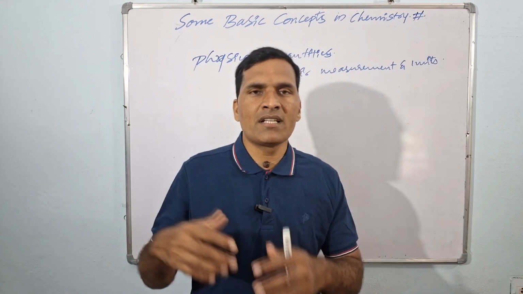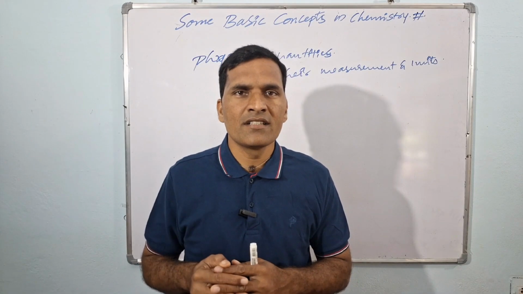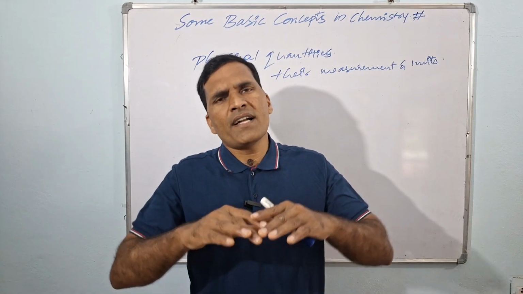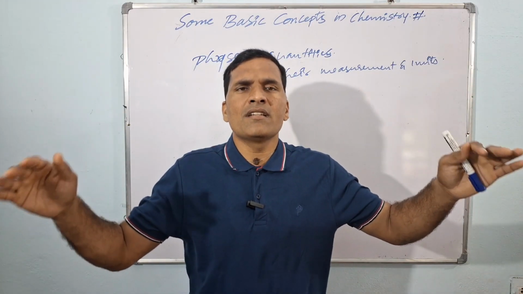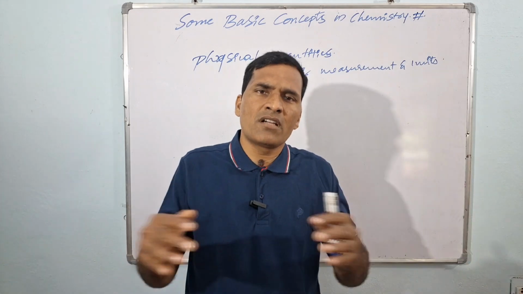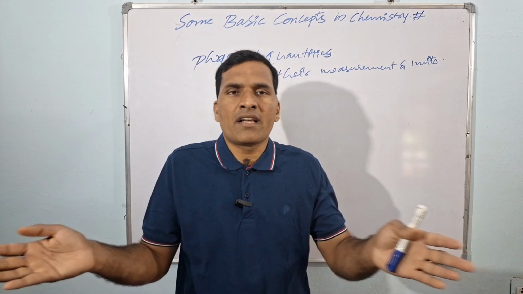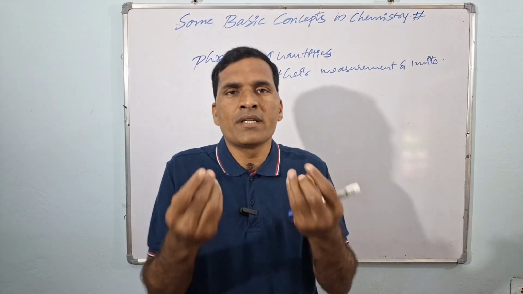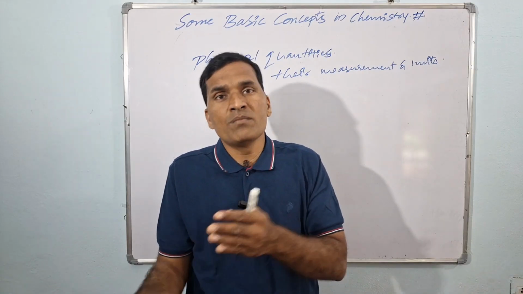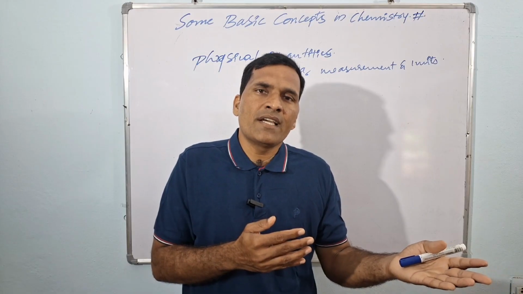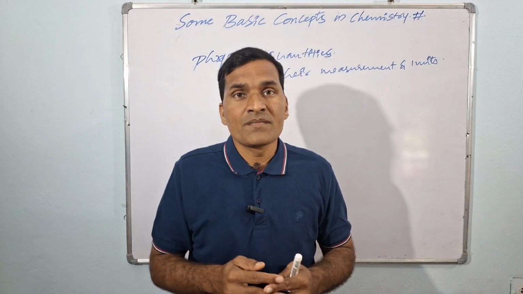By that only they will measure and specify half liter, 1 liter. So different physical quantities in different parts of the world, or you can take it in our country only, different areas are having different units to measure volume, mass, and other quantities.